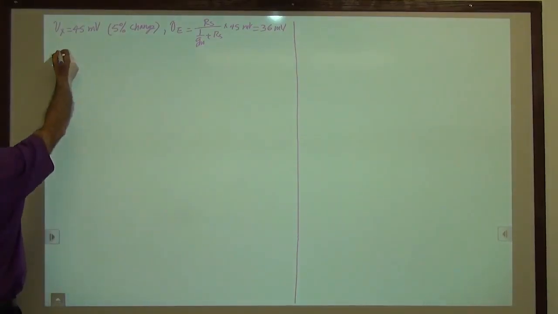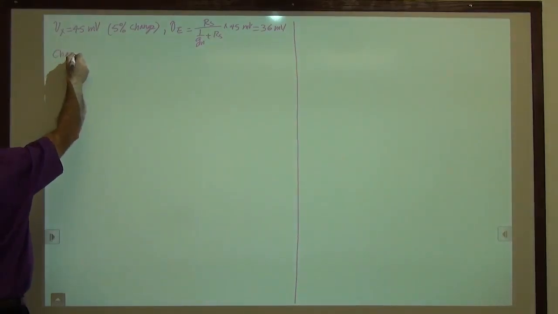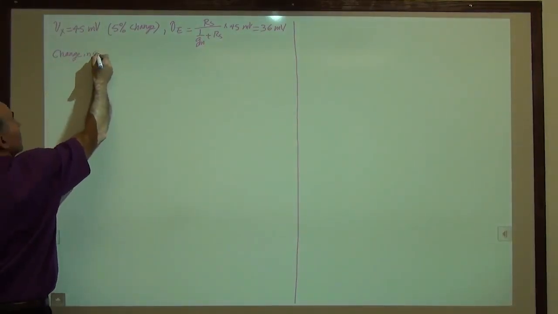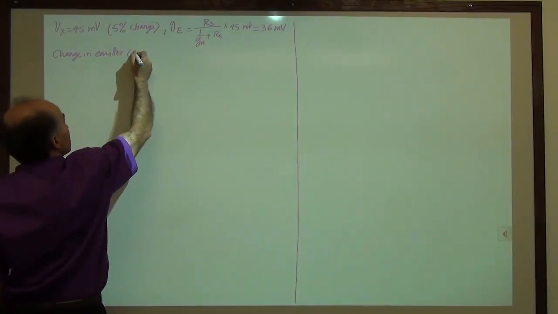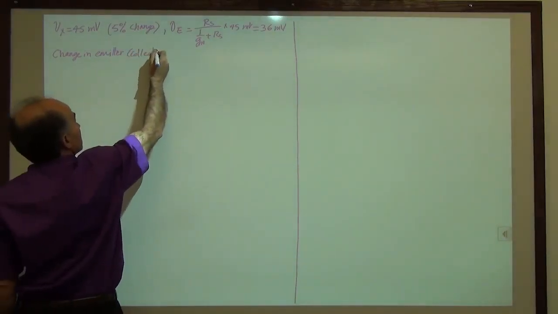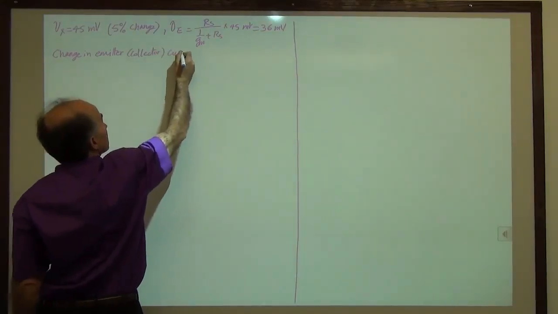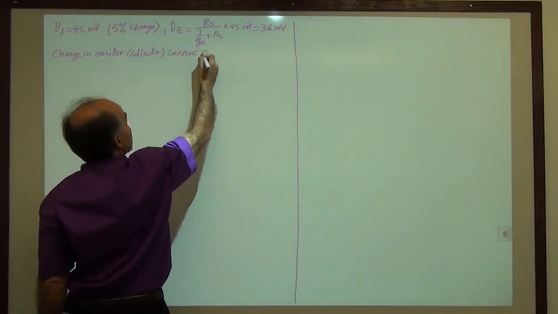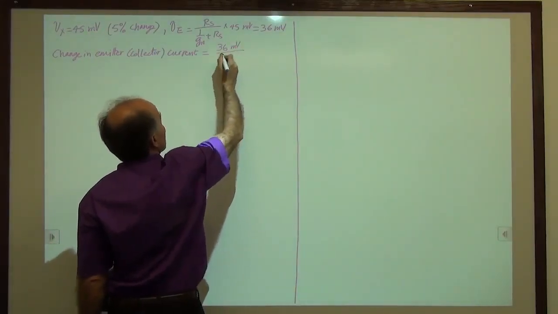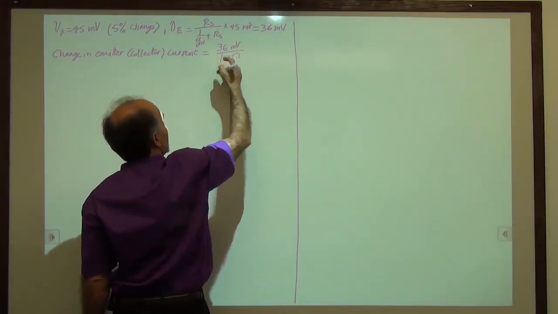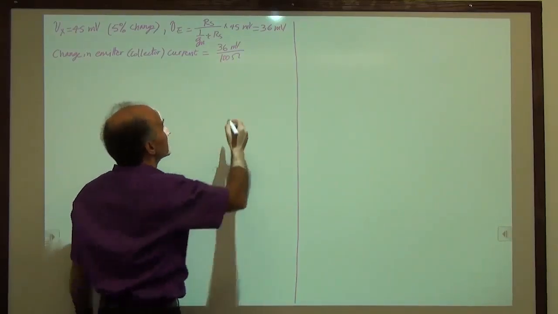So we can say that the change in emitter current, which is the same as the collector current, is equal to 36 millivolts divided by 100 ohms, because RE was 100 ohms.